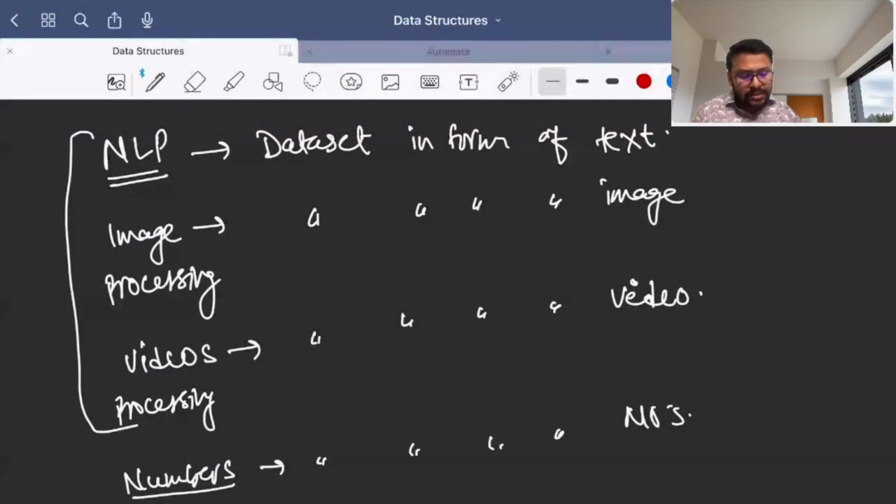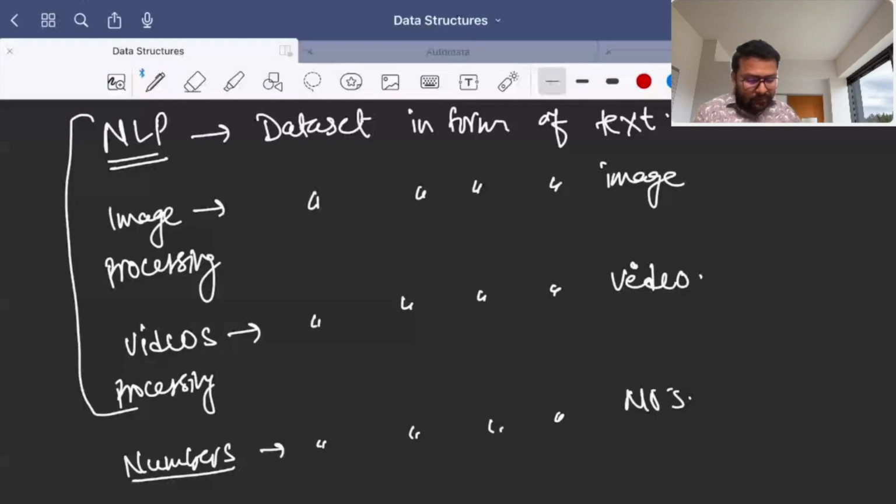Because what happens is, our computer or machine understands 0 or 1. It does not understand images, videos, text or speech. It does not understand all such kinds of data. What it understands is zeros or ones.